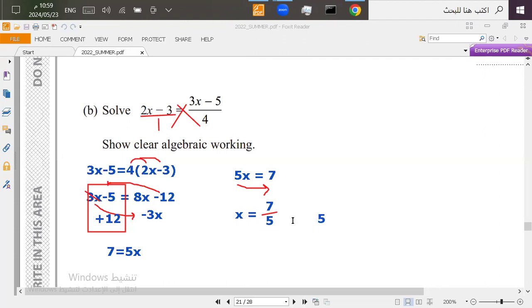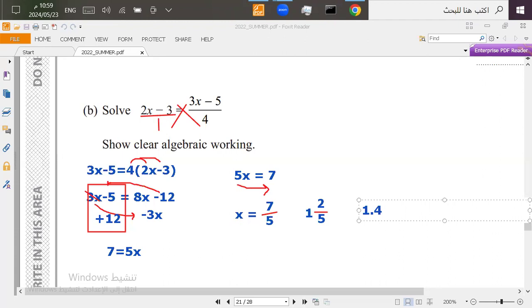And then divide the 7 by the 5, it's going to be 1. I just need the whole number. Now 5 times 1 is 5, and then subtract from 7 is going to be 2. So 1 and 2 over 5. And 2 over 5 is 0.4. It means the answer in decimals is going to be 1.4. You can write it as 1.4 like this.